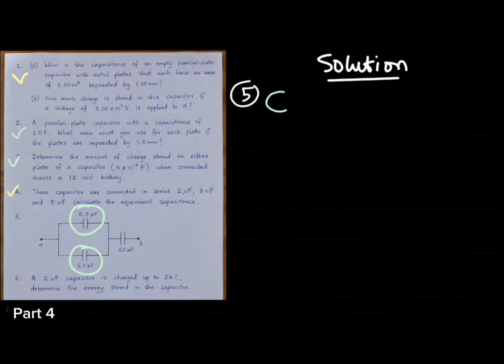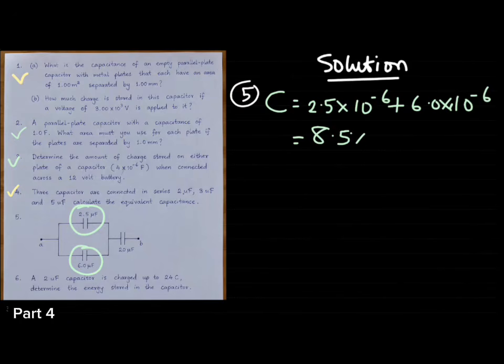So therefore C is equal to 2.5 times 10 raised to the power of minus 6 plus 6.0 times 10 raised to the power of minus 6. So this will give us 8.5 times 10 raised to the power of minus 6. So that's not where you stop.